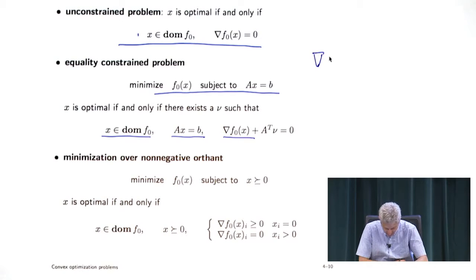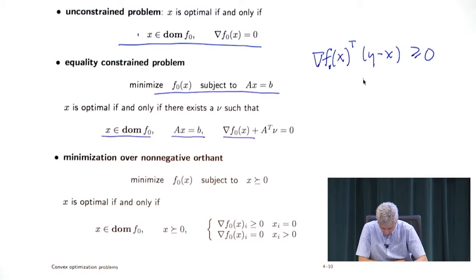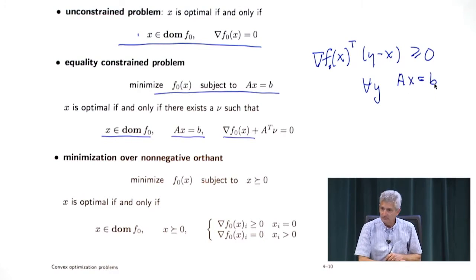The argument would go something like this. You must have the gradient of f0 of x transpose y minus x be non-negative for all y that satisfy Ax equals b. Okay? Well, but wait a minute, because x also satisfies Ax equals b. So that says the difference between x and y is in the null space, right?